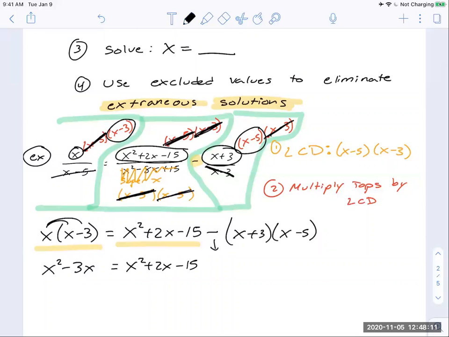I'm going to bring down the negative for now, and I'm going to leave this. You can do FOIL. You can do box method. Tell me what you get when you do x plus 3 times x minus 5, sorry.